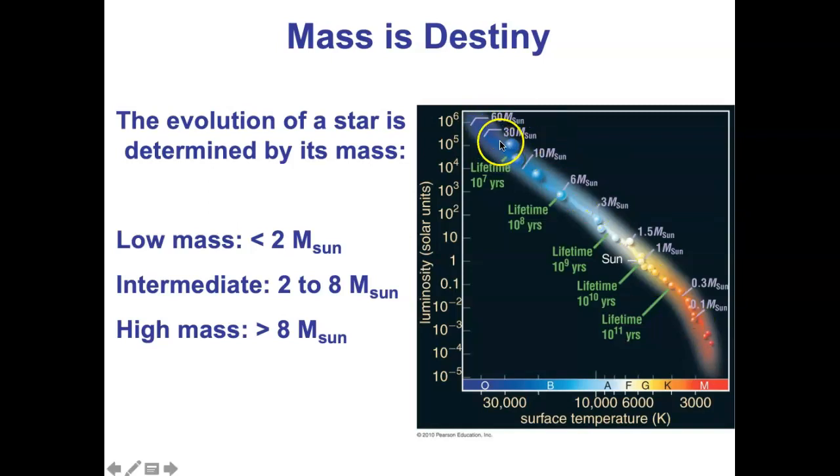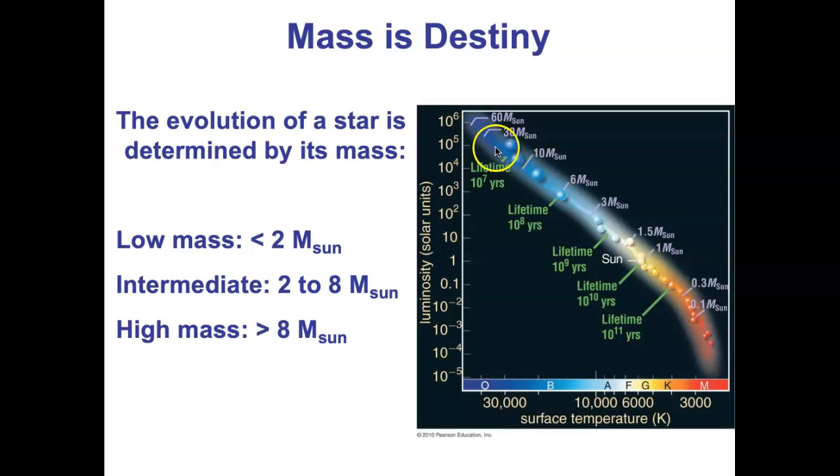At the high end of the main sequence, these stars are really high mass. They have a very strong gravitational pull, and that means the gravity is so strong that the core gets compressed to very high temperatures. It's burning that fuel really fast. It has to be hot. It has to burn its fuel fast in order to make enough pressure to balance out the insanely strong gravity.